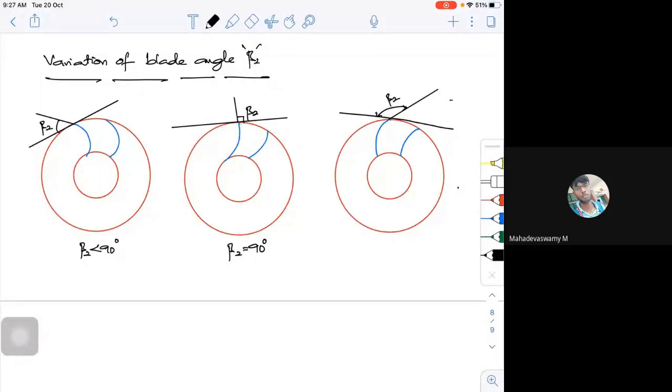So this is your beta 2 greater than 90 degrees. See, all are rotating in the positive direction. I am trying to measure the angle in the same direction, same rotation, whatever it may be.